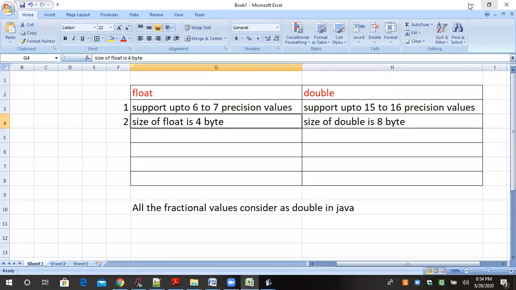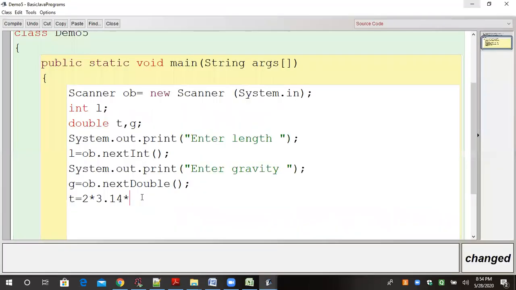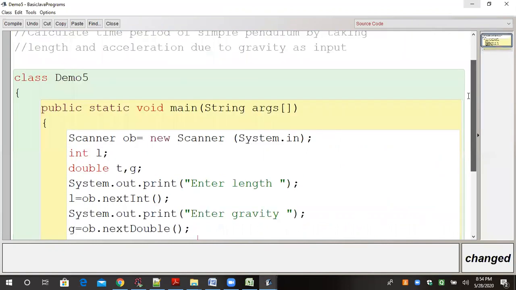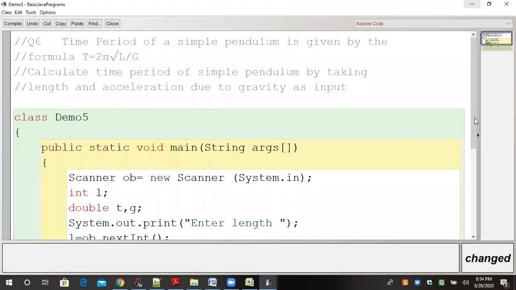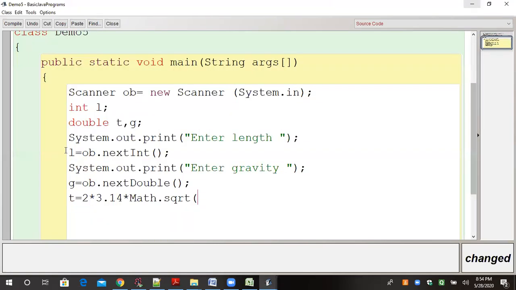Okay, so in order to complete this question, 8 minutes are remaining to end the meeting. I will rejoin. Okay, so Math.sqrt(L/G). So where is L? L I have taken as input. G is already there.